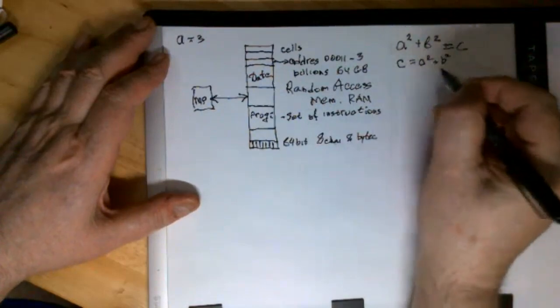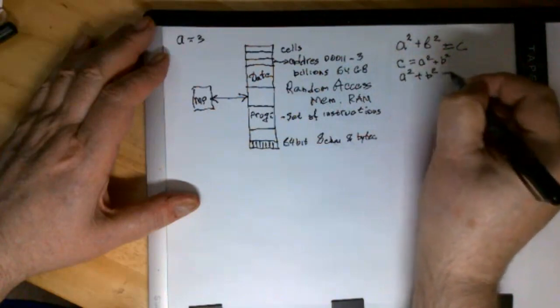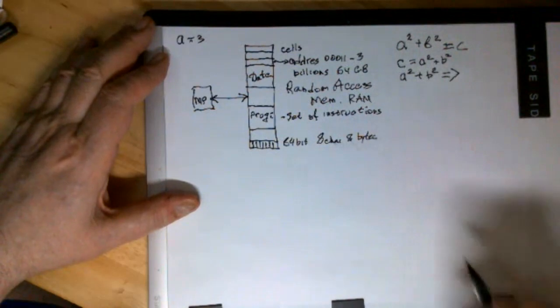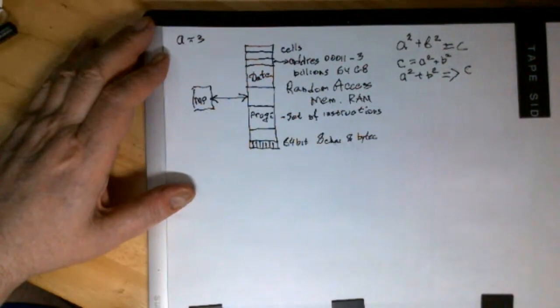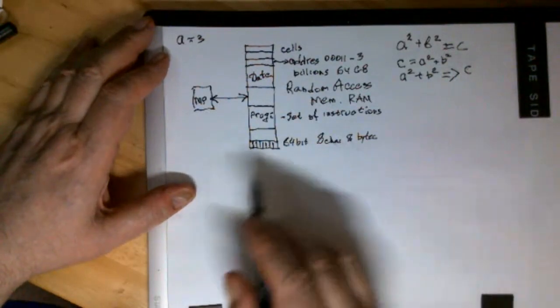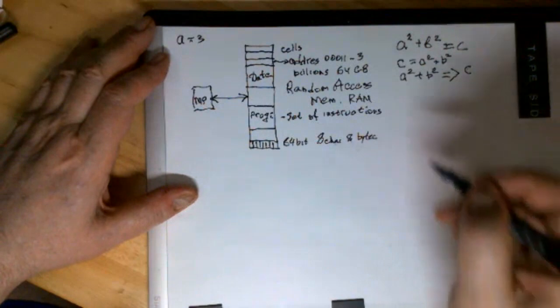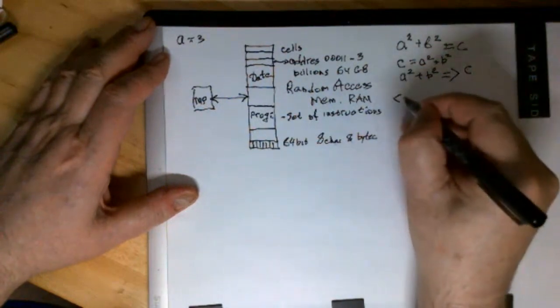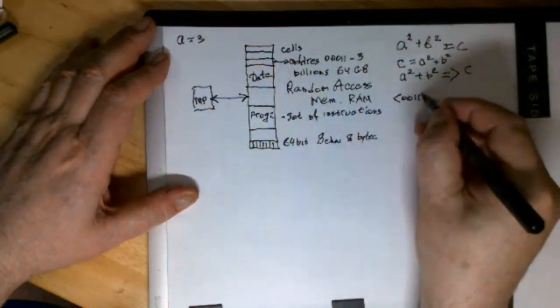In the algebraic language, I say C is equal to a square plus b square. But in the computer, I will say a square plus b square, and I'll put this arrow. This arrow means put it into C. All right. So the programming of this algebraic formula starts with distribution of cells. Let me use cells, beginning from cell number 3 (0011).